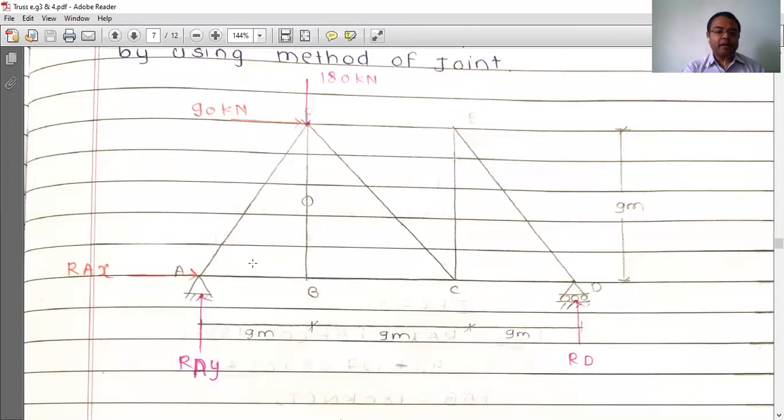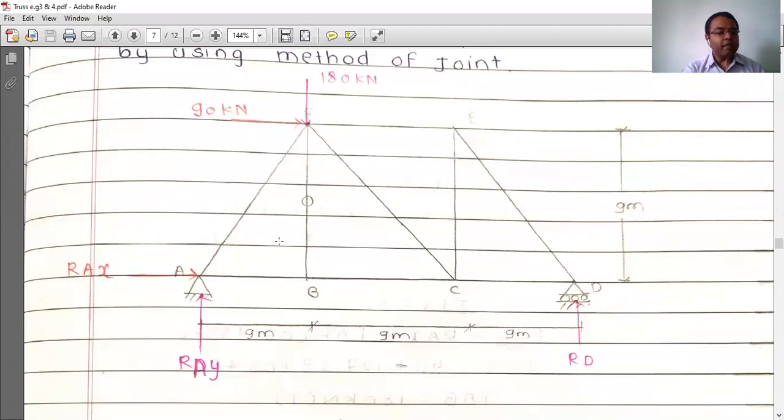From where will we start the joint method? We'll start the solution from the joint where the maximum number of unknowns is equal to 2.